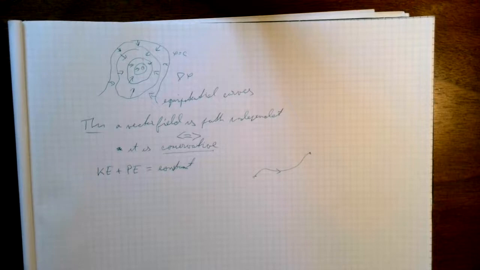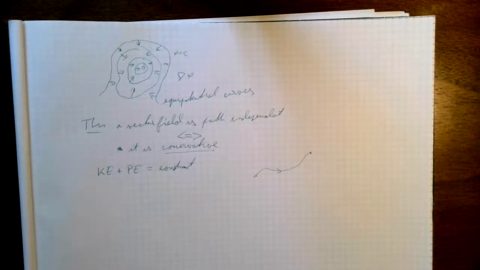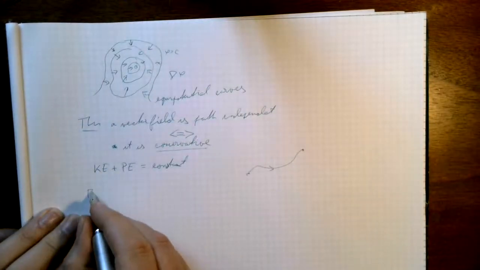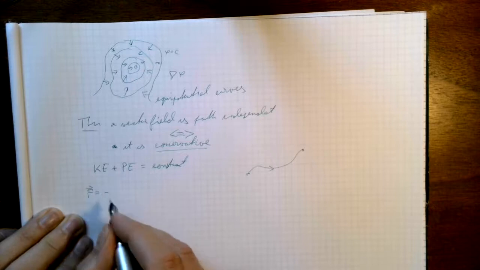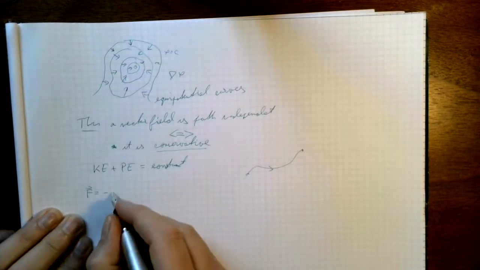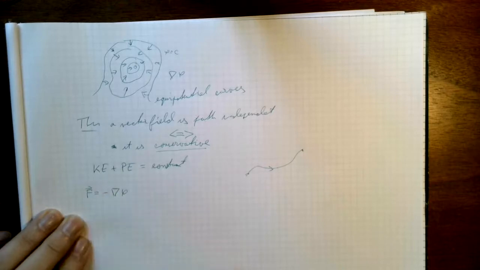All right. So that's the potential energy, except we're going to follow the physicists, and we're going to write this with a minus. The force is minus the gradient of the potential.